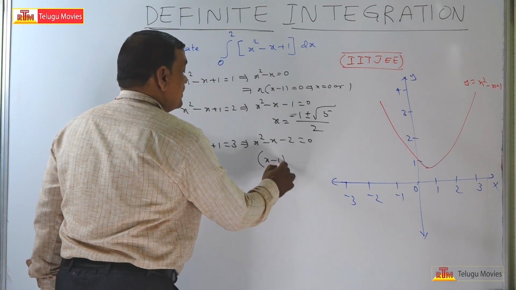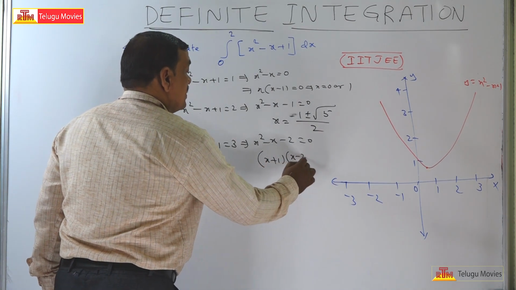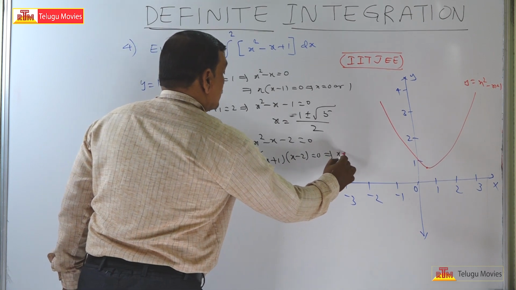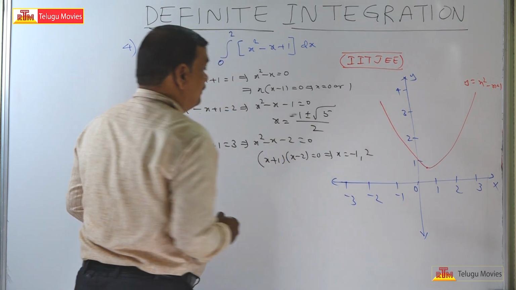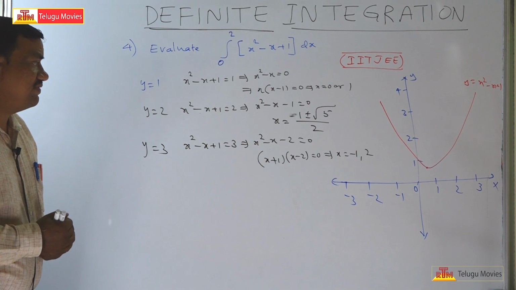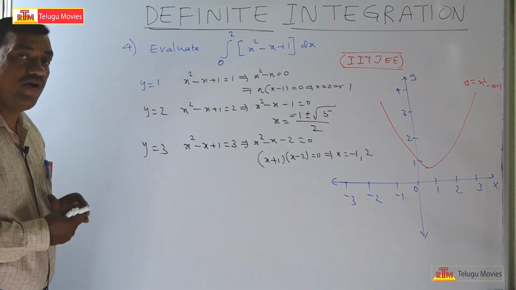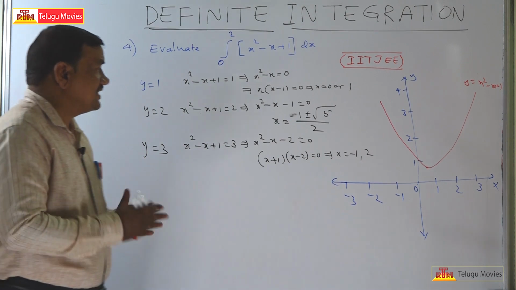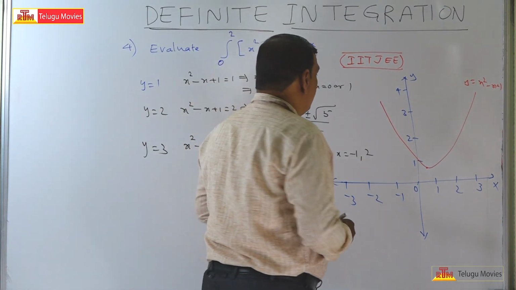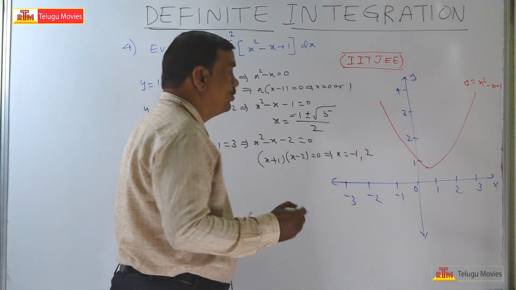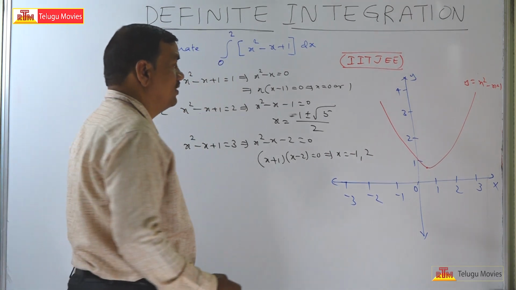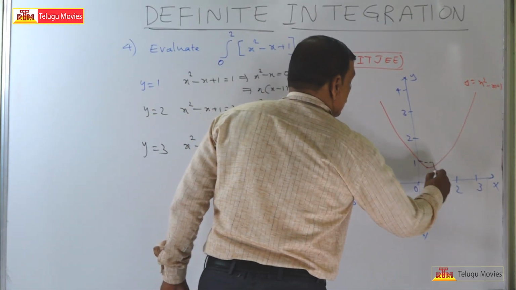This is x minus 2, x plus 1 is equal to 0. Therefore, x is equal to minus 1 or 2. So, these are the x values. That means when the y value is 1, the x value ranges from 0 to 1. It ranges from 0 to 1.